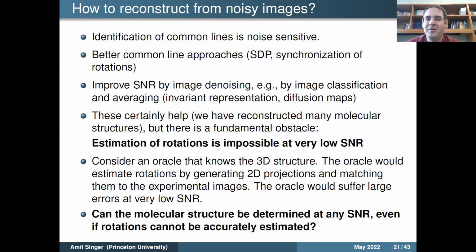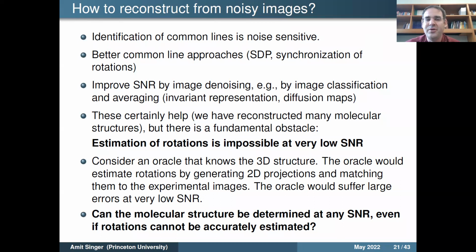But because the experimental images are so noisy, if you look at the correlation or the distances, they would fluctuate widely because of the noise. The noise would just overwhelm the signal in the experimental images. So even the oracle would make very large errors in estimating the rotations at very low SNR. So you cannot expect methods like SDP or synchronization to do any better than that.